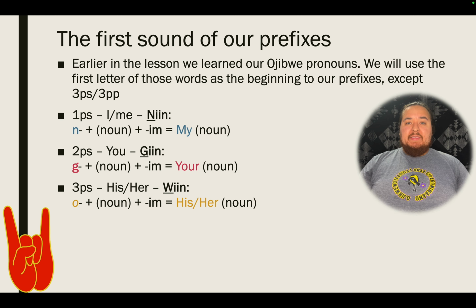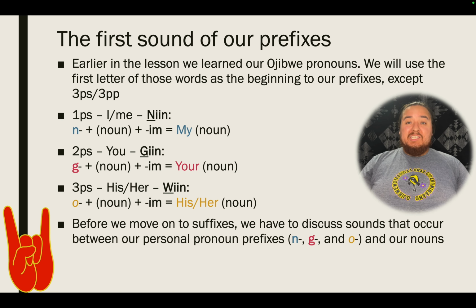Then our noun, and then our im suffix, his or her stuff. Keep in mind that because o is a short vowel sound, we're not going to use it all that much, but there's still evidence that it's there. And other dialects still use this O sound. So before we move on to our suffixes, we have to discuss sounds that occur between our personal pronoun prefixes and G and O and our nouns.